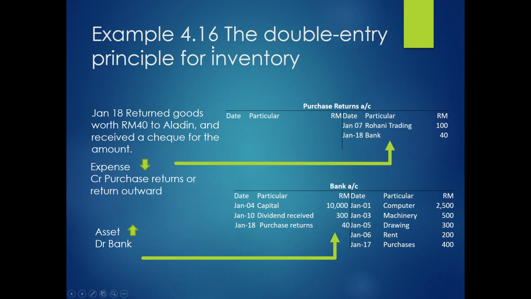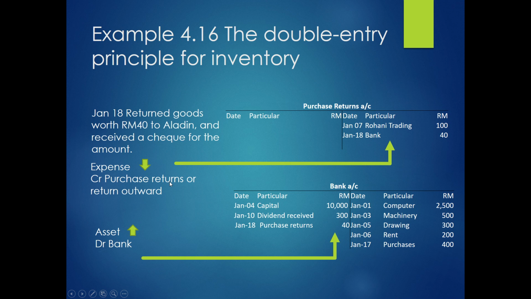Example 4.16. January 18, return good worth 40 ringgit to Aladdin and receive a check for the amount. There is two effects here. So when the business return goods, there is an account known as purchase return.